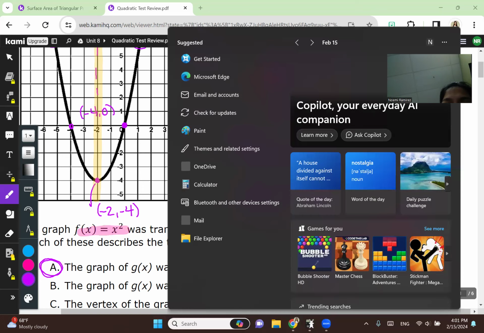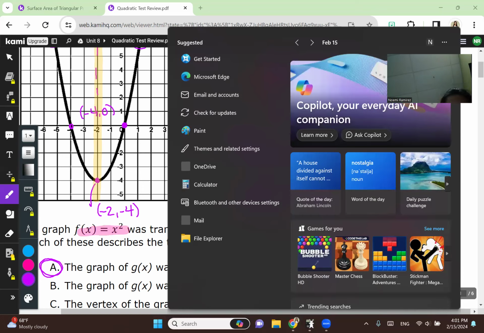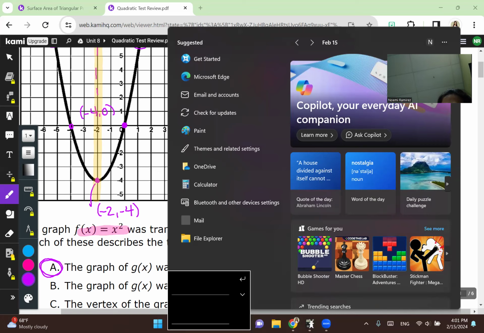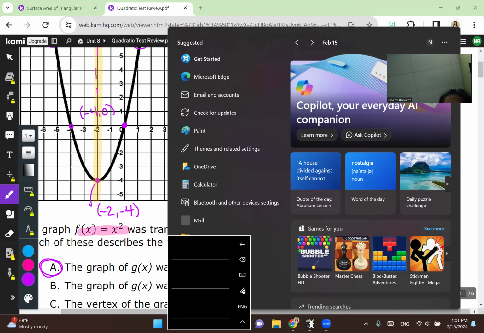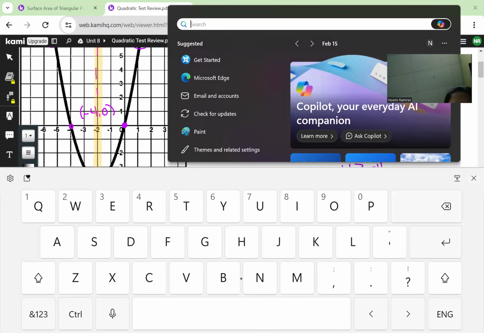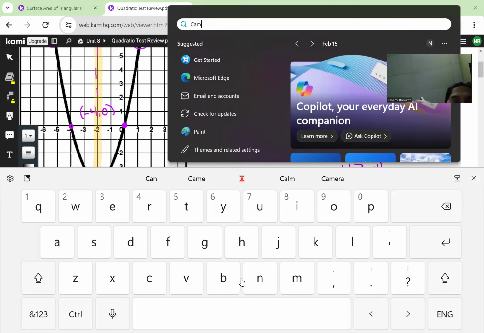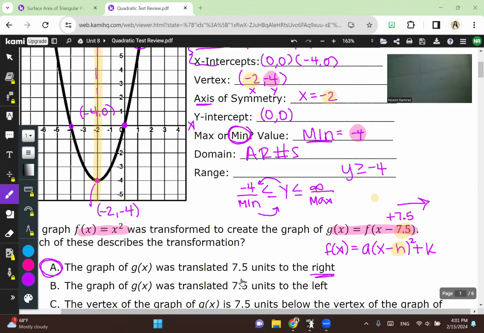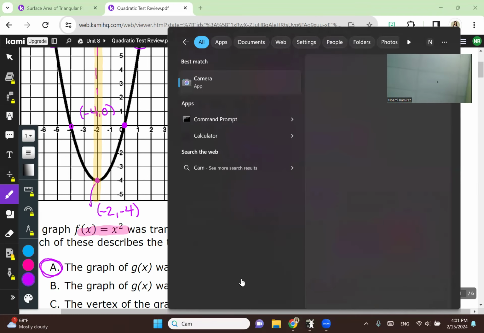Where's the camera? Let's see if it'll let me open it, because Zoom is already using something.